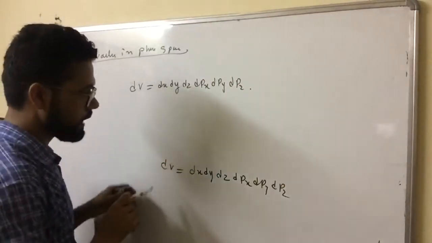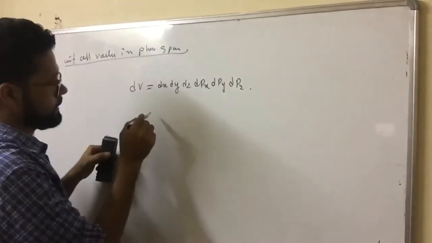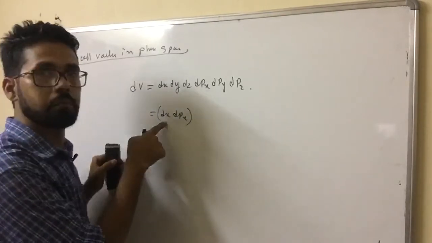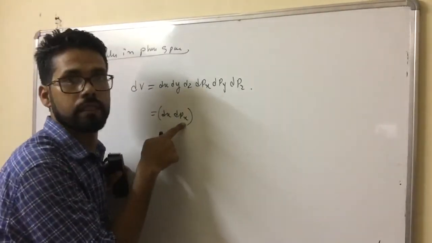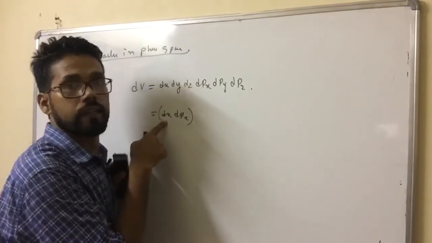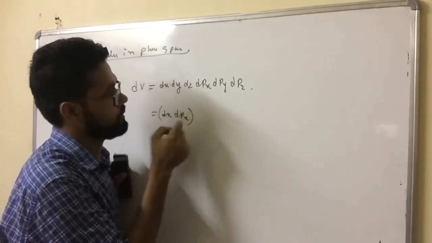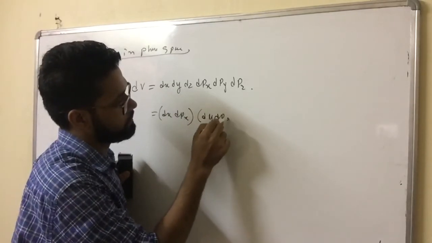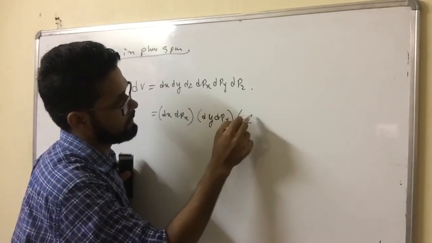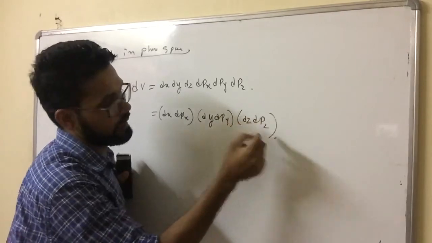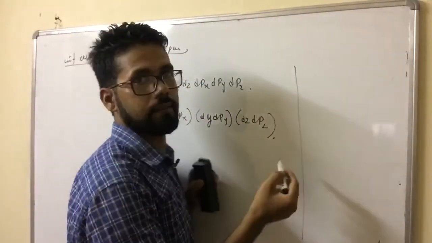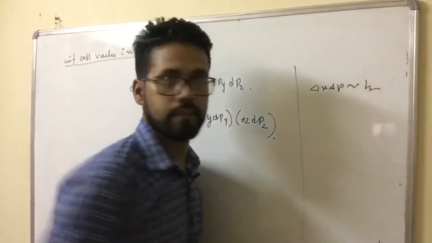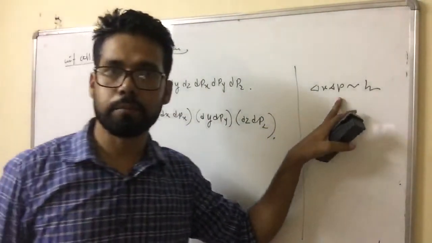Now dx and dpx: this is the position and this is the corresponding momentum. You can consider them as small deviations or errors. Similarly dy, dpy and dz, dpz. According to the Heisenberg principle we have learned, delta x delta p is approximately equal to h.